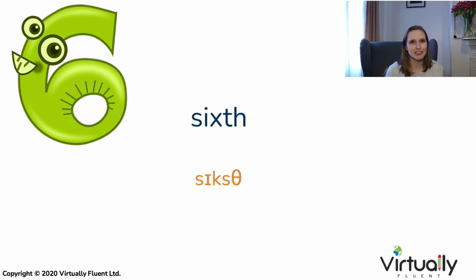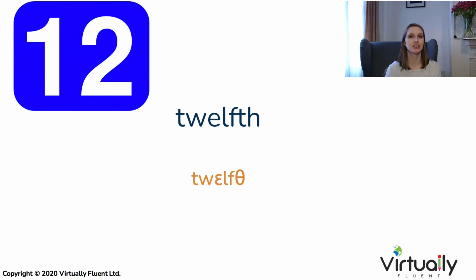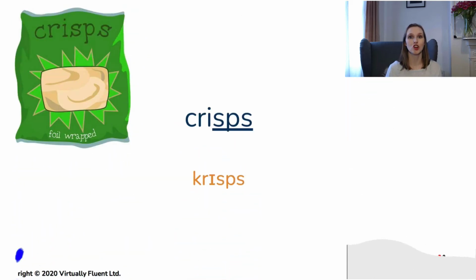Now let's take a look at some of the most difficult words in English that do have consonant clusters, such as sixth, sixth. We must pronounce every single consonant. Twelfth, crisps. Actually, this SPS ending is really common and very difficult.